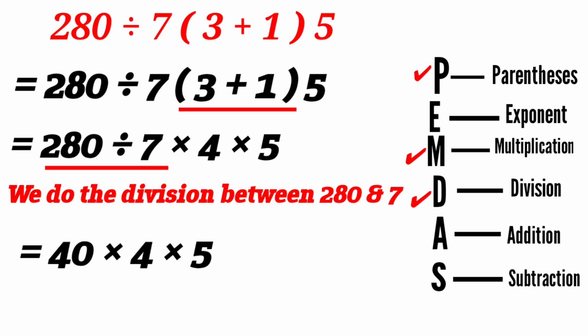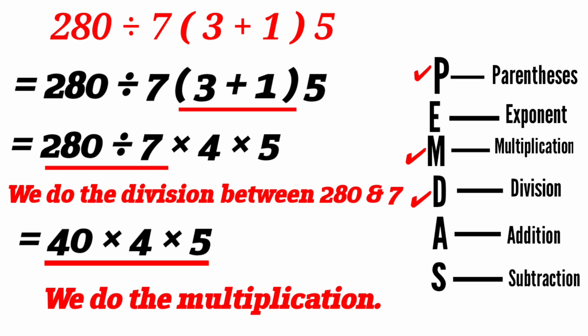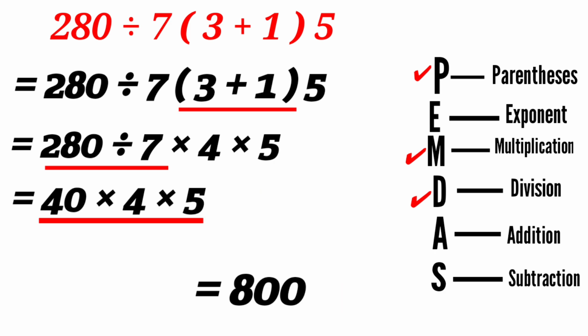M stands for multiplication. Now we do the multiplication. That is equal to 800. 800 is the correct answer.